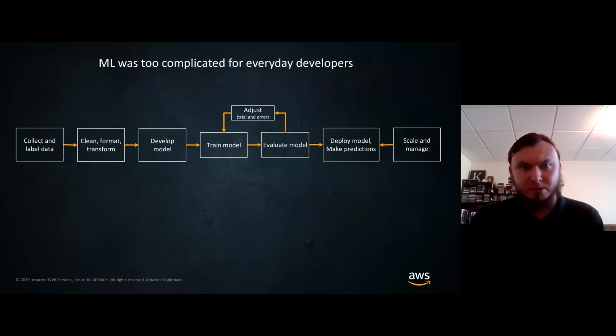In the past, machine learning has been quite complicated for everyday developers. You have to collect and label data, clean, format, and transform the data, develop a model, train a model, evaluate that model, adjust incrementally until your accuracy metrics are satisfactory, and then you're going to want to deploy that model to make predictions in a way that scales with traffic. If you think about this, there are quite a few different skill sets required to do this.